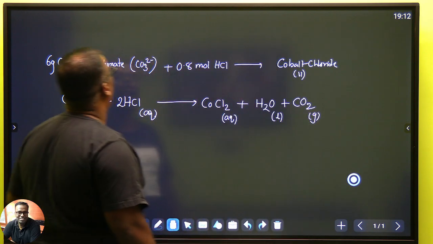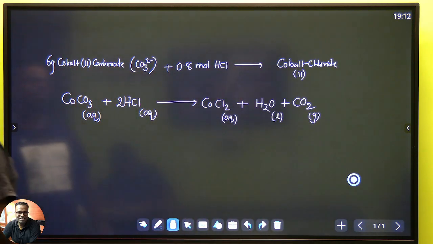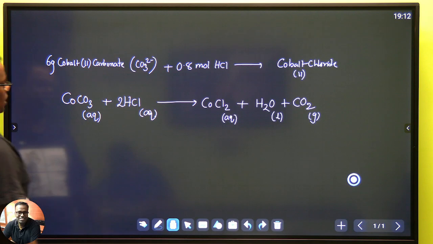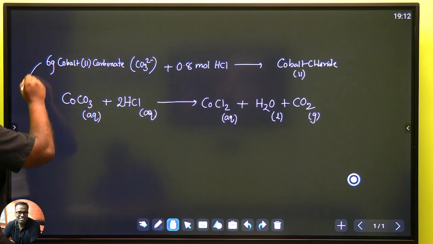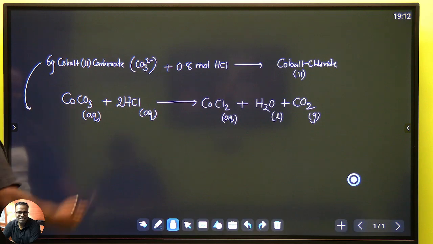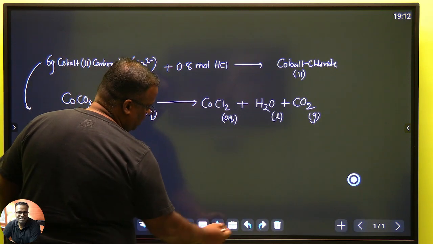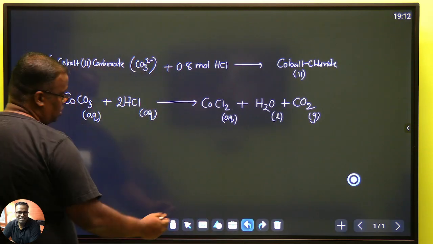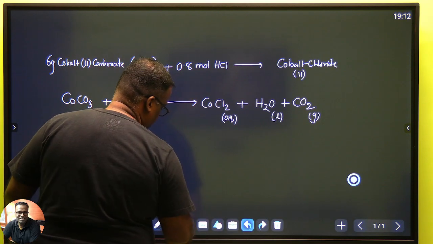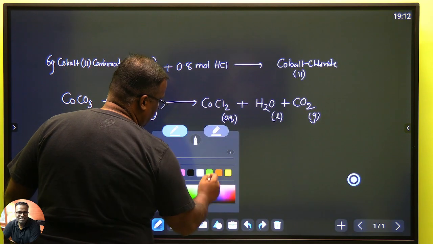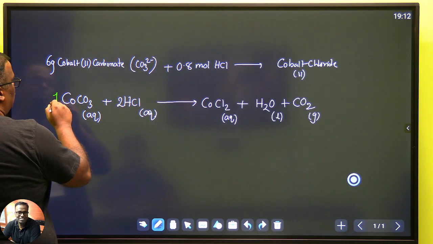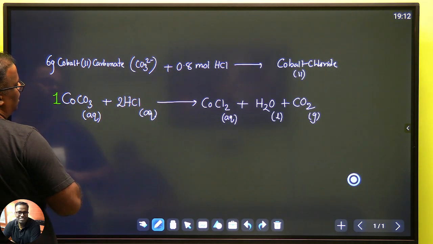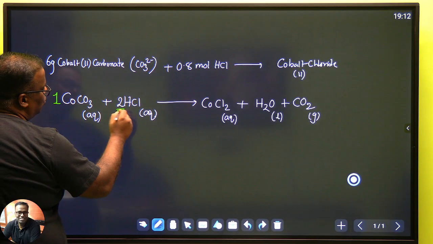Now let's put all our data. 6 grams of cobalt carbonate. Try to convert this into moles. But before converting into moles, let's look at the parent reaction. What does the parent reaction tell me? Parent reaction is 1 mole CoCO3 reacts with 2 moles HCl.